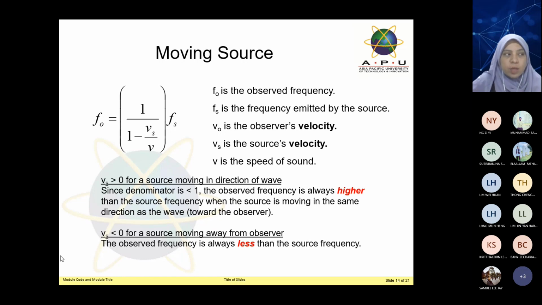The ambulance will move away from you as it passes by, and you stay still. So the observed frequency is less than the source frequency. To use the formula, you must understand where the source is and where the observer is, the person who hears the source.